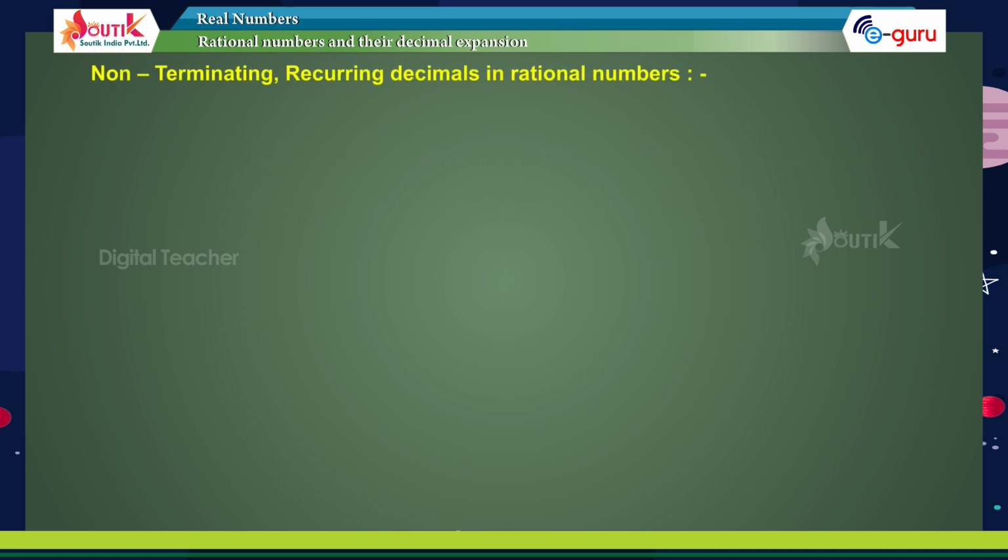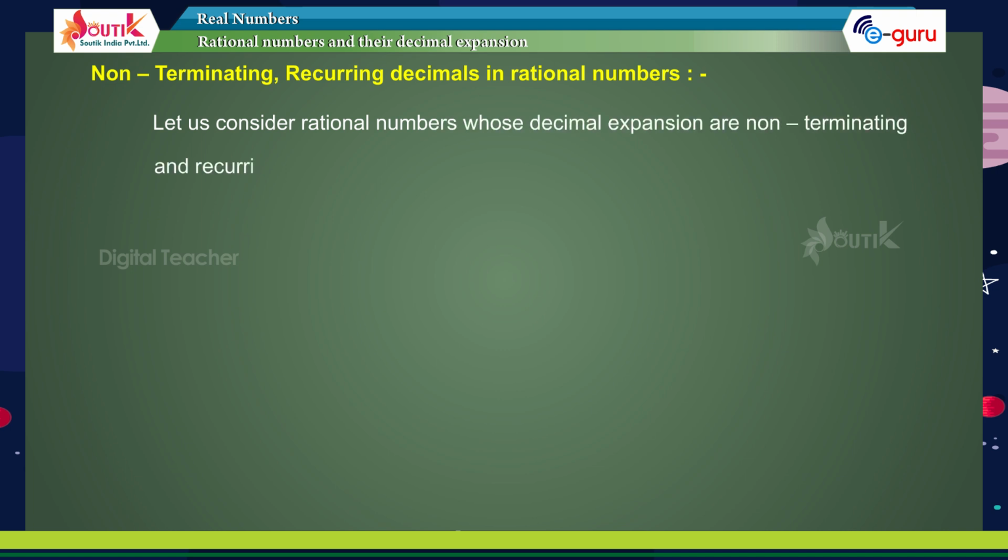Non-terminating, recurring decimals in rational numbers. Let us consider rational numbers whose decimal expansions are non-terminating and recurring. Once again, let us look at an example to see.